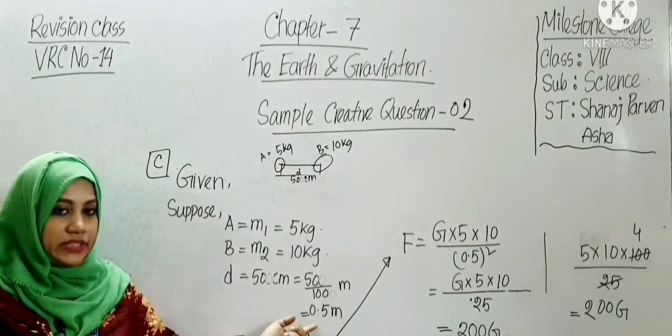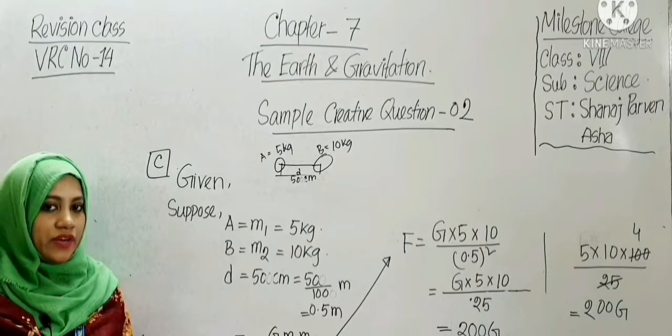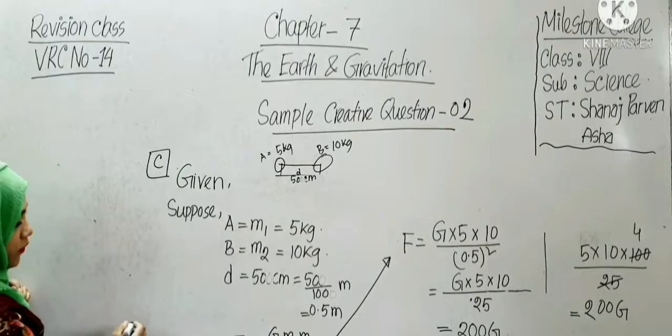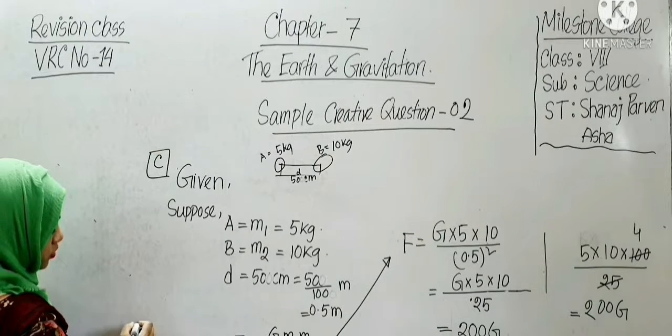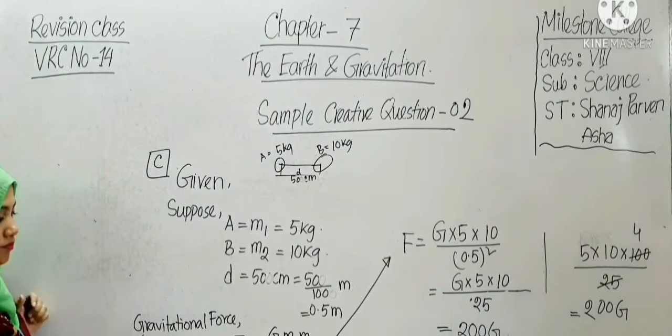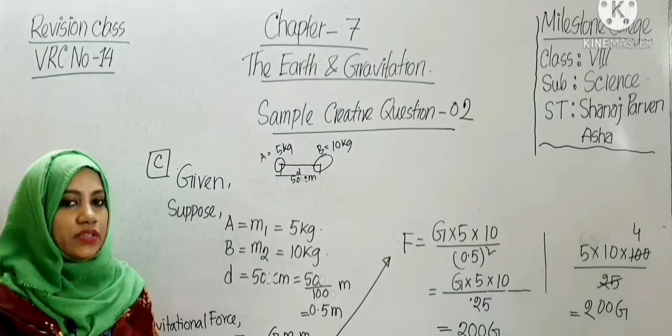So convert it in meter, then we know the formula from Newton's gravitational law. We have to write this one. What do we write? Gravitational force F equals G M1 M2 by D square.